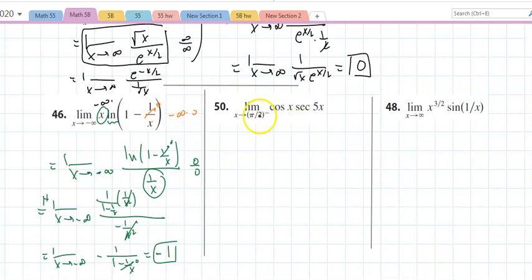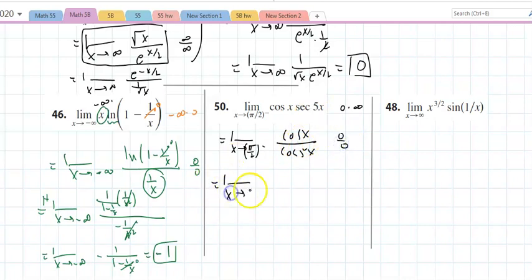Same deal here. Pi over 2. If you put a pi over 2 in there, cosine of pi over 2 is 0. Secant of pi over 2 is infinity. Well, this is an easy fix. That's the limit as x approaches pi over 2 from the left of cosine of x over cosine of 5x. And now I could say that's 0 over 0.